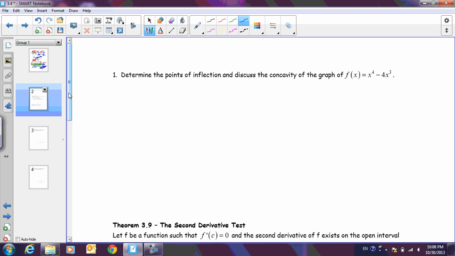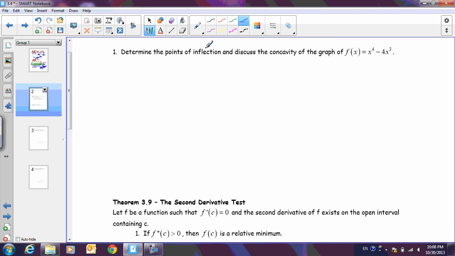So let's do an example now where we're not given the graph. It says, determine the points of inflection and discuss the concavity of this graph. We need to start with the derivative, the first derivative. So that's going to give us 4x cubed minus 12x squared.